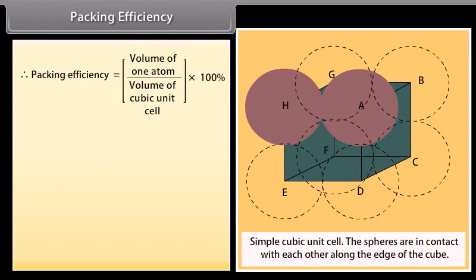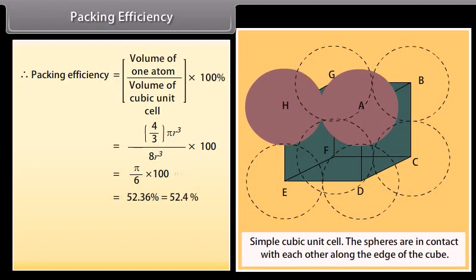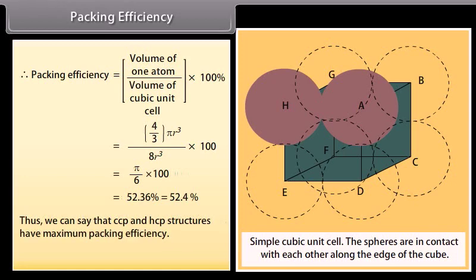Therefore, packing efficiency is equal to volume of one atom upon volume of cubic unit cell × 100%, which is equal to (4/3 πr cube)/(8r cube) × 100, which is equal to π/6 × 100, which equals 52.36%, which is equal to 52.4%. Thus, we can say that CCP and HCP structures have maximum packing efficiency.